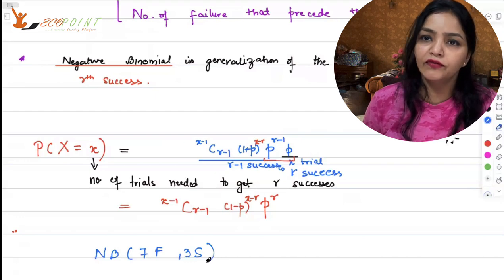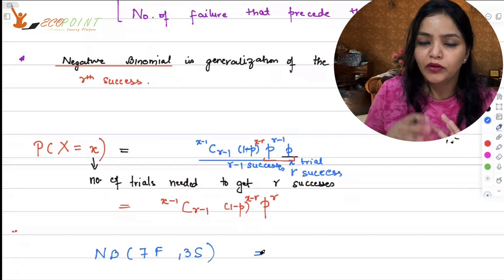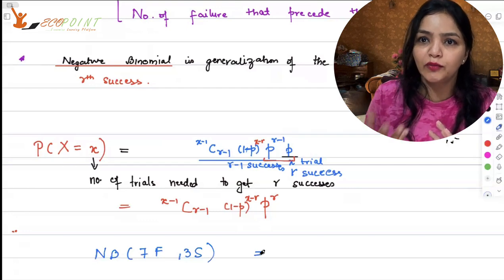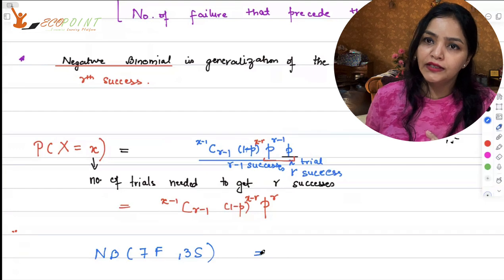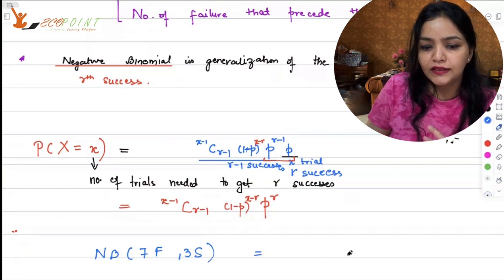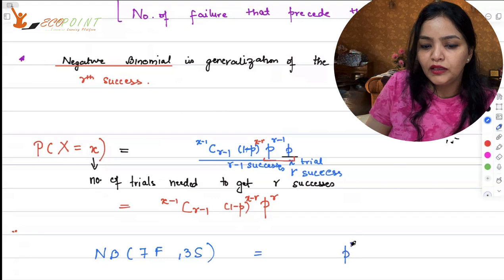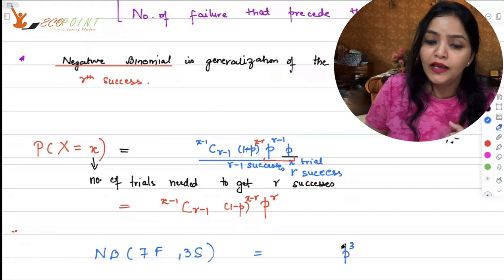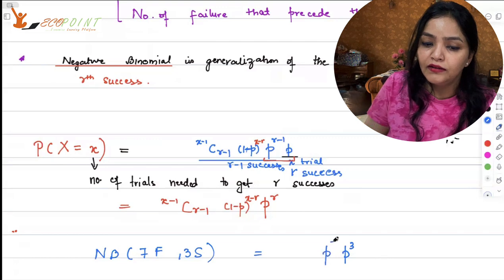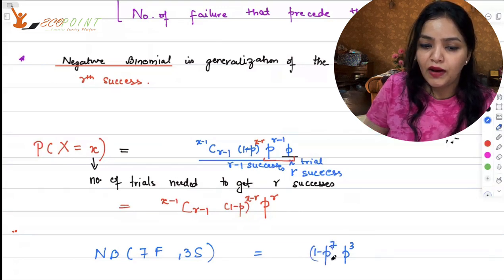If I'm talking about the probability of the number of tries for 7 failures until 3 successes occur, then the last one is definitely a success. So P cubed, because 3 successes are there, and since the failures are 7, 1 minus P to the power 7 is what you will have here.